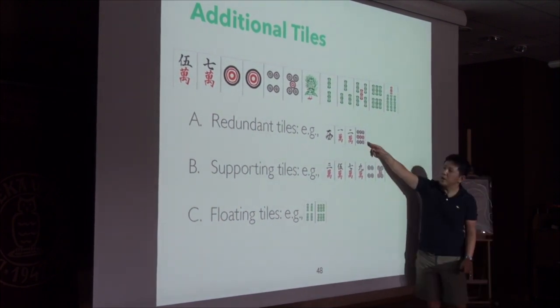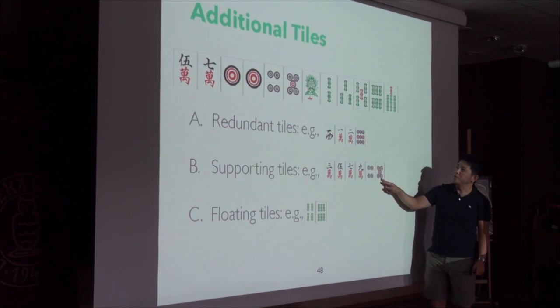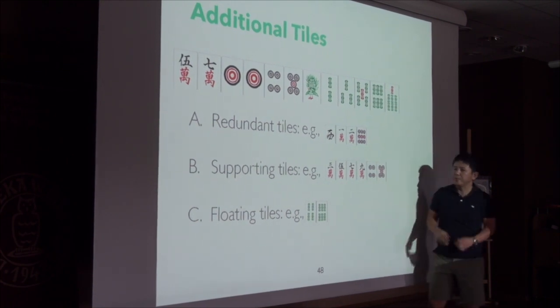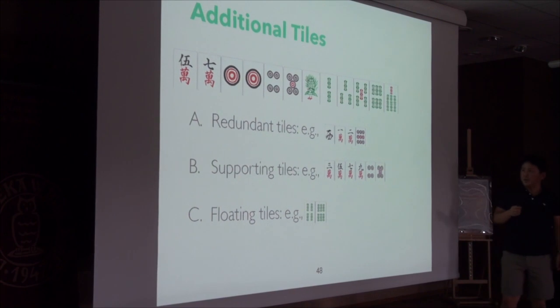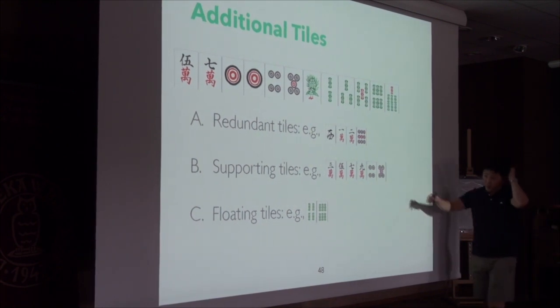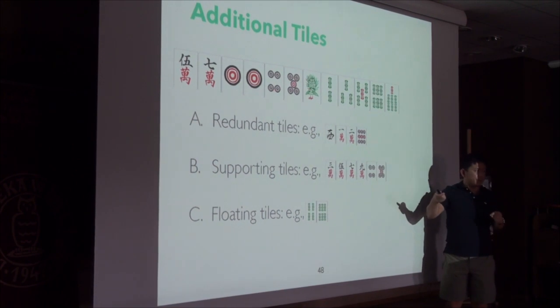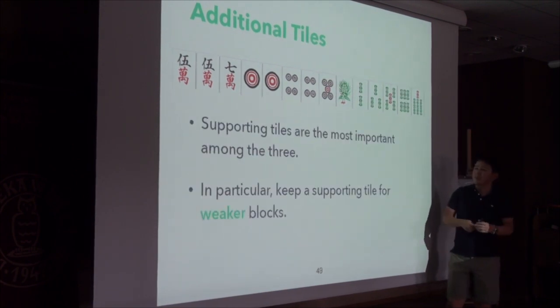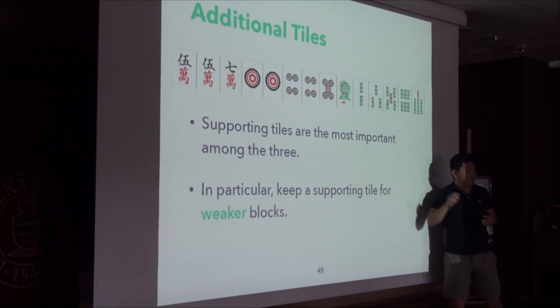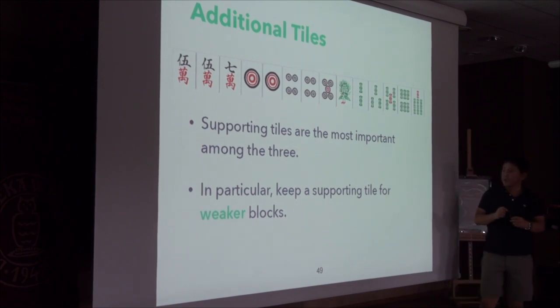So these are redundant tiles, supporting tiles, and floating tiles, right? The main takeaway point here is that supporting tiles are the ones that you should value most of the time, right? By far the most important ones are supporting tiles, right?